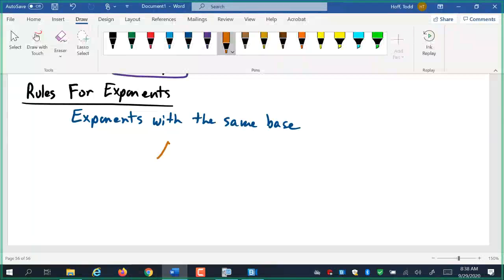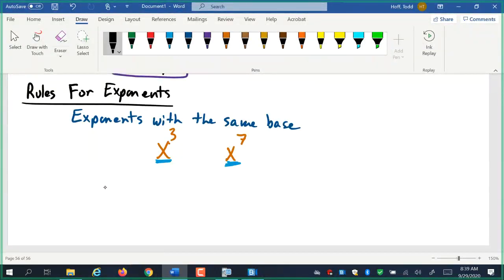What do I mean by that? X to the third and x to the seventh have the same base. Both of them have a base of x. So we can combine them. If they don't have the same base, we cannot combine the exponents.